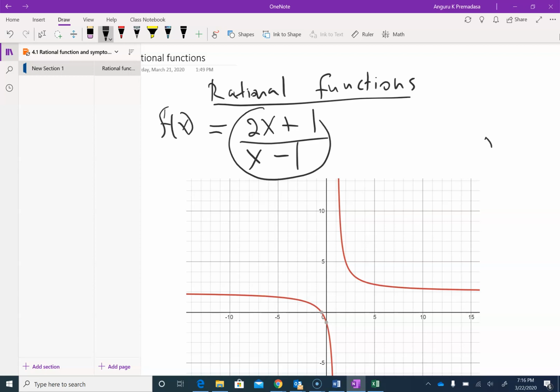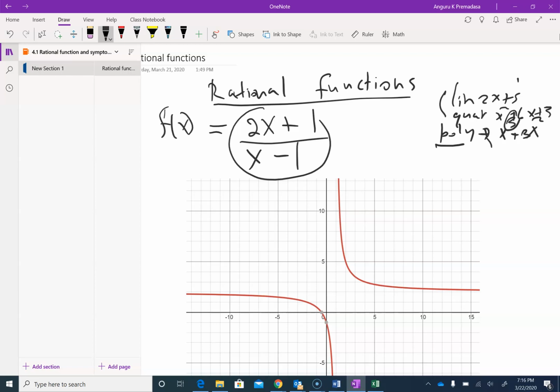Rational functions are different from the functions that we have done before, like linear, which is like 2x plus 5, and then quadratic, which had x squared plus 6x plus 3, and then we had polynomials, like cubic powers, which have 3 or higher. Actually, linear and quadratic are also polynomials, but a general polynomial is any power.